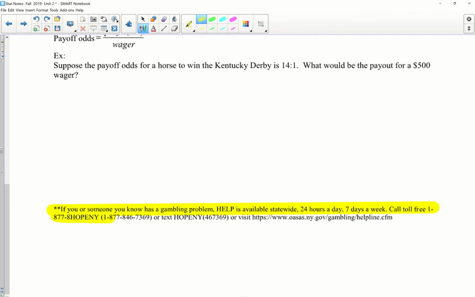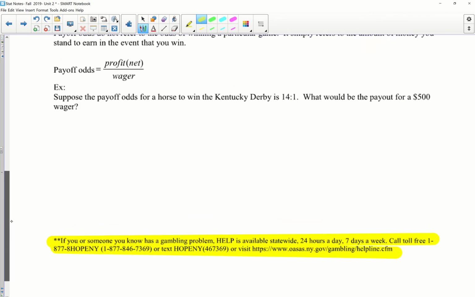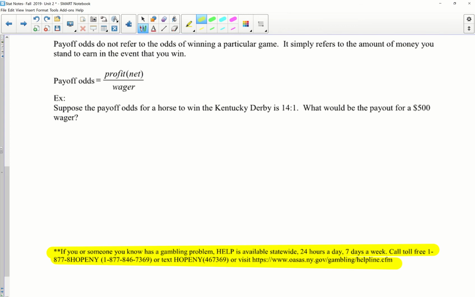So I always make sure I put this disclaimer in there. Not a disclaimer on my end, but if I'm going to talk about games of chance and gambling, I am always aware that there could be people in the room that have issues. And if you're one of those individuals, there is help for you, because I've seen people go down the wrong road before, and it's not pretty.